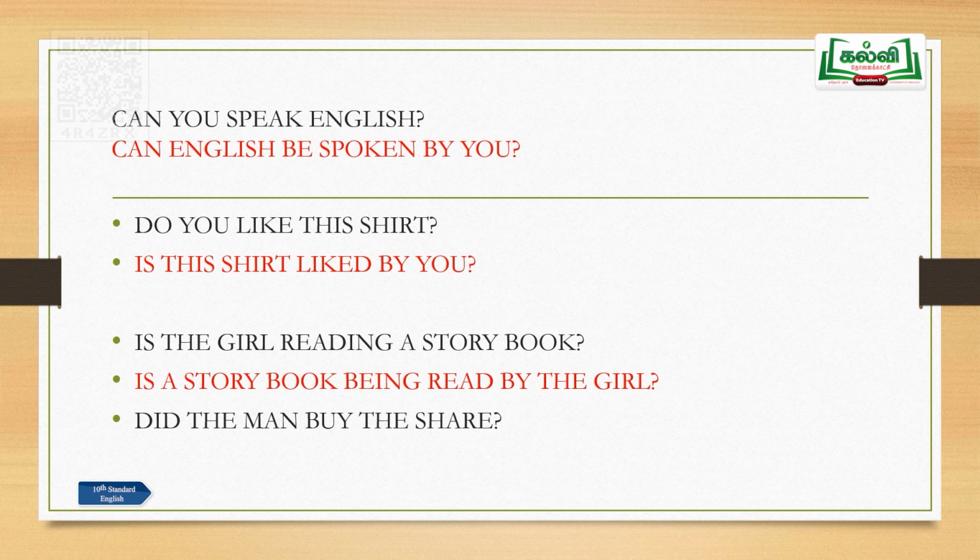Now let's see how it's interchanged in the passive voice without changing the meaning. Was the share bought by the man? So I hope interrogative sentences were clear for you. Do go through all the sentences to understand that topic better.